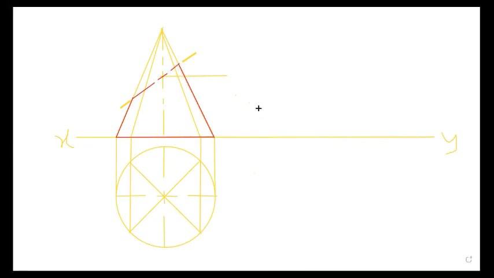So this is the front sectional view. And inside the line we do not darken it because it is the imaginary line.